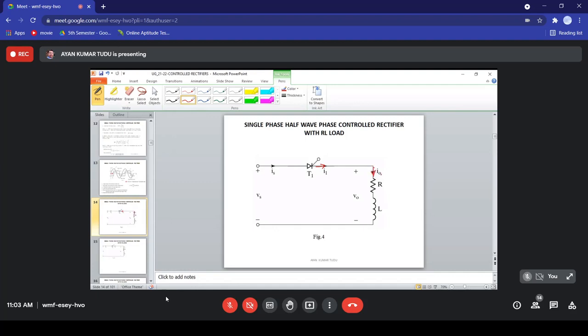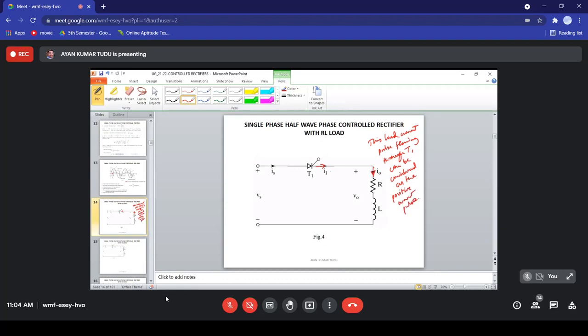This load current pulse flowing through T1 can be considered as a positive current pulse.